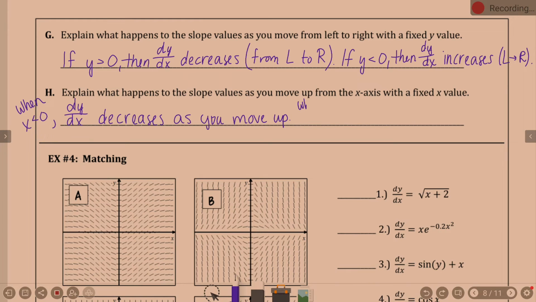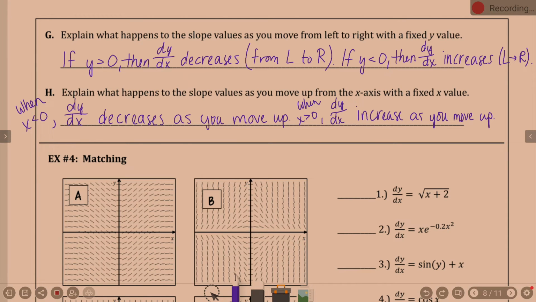Then over here, it's going to be when x is greater than 0, dy/dx is going to increase as you move up. One thing I can figure out is I interpreted that differently when I did it. Up the x-axis, I don't even know how I would have interpreted that differently. I give up. I don't know.